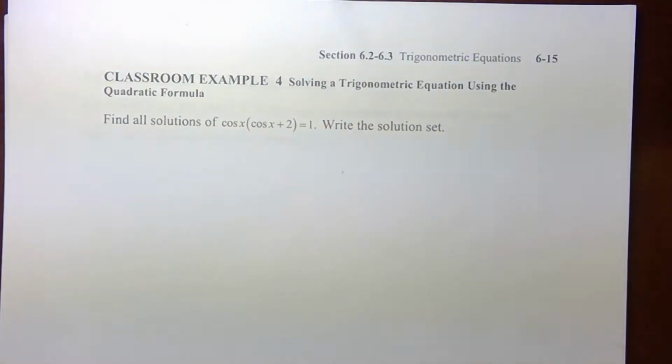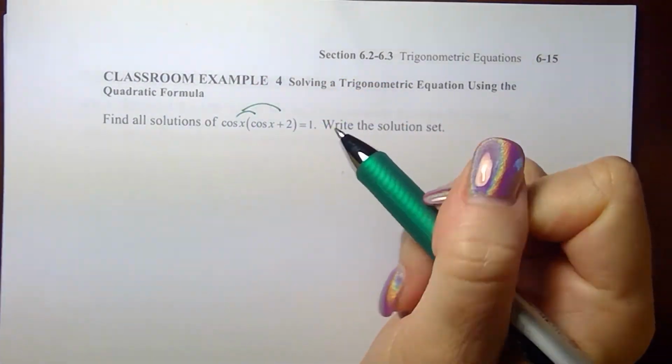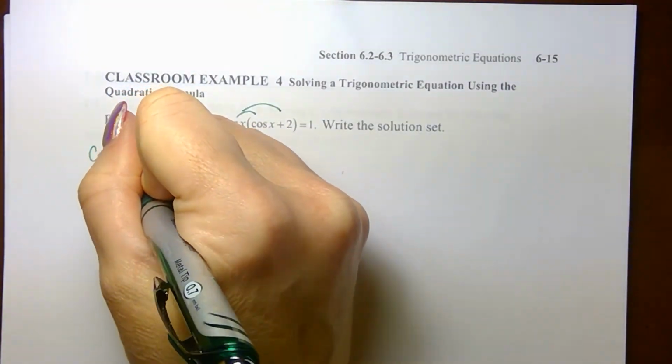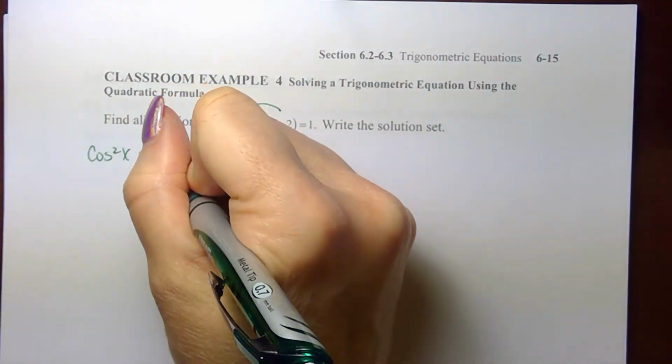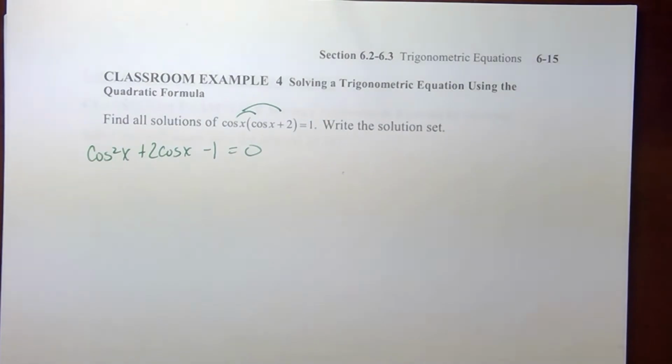So I have to do some cleaning up of this before I can proceed. Let's go ahead and distribute cosine x and move the 1 over. That gives me cosine squared x plus 2 cosine x minus 1 equals 0.